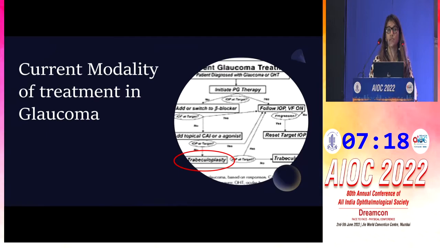In most clinical practice, the current modality of treatment is medical management. So we start with one drug, which is the prostaglandin analog. If we have failed to achieve the target intraocular pressure, we either add or switch to another treatment, then add a third line of drug, and trabeculoplasty usually forms the fourth line of treatment.